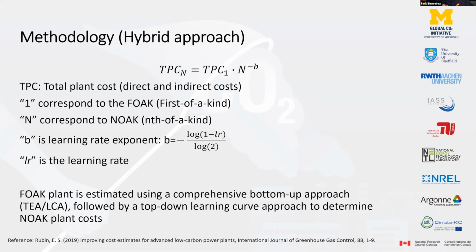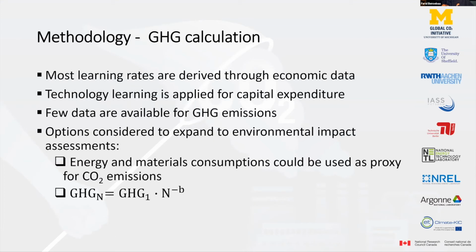And the next one, which I think is one of the things we're trying to address in this working group, is more of a work in progress. It's how we can use a similar approach to calculate GHG emissions, and we will use mostly material and energy consumption as a proxy for calculating GHG emissions.